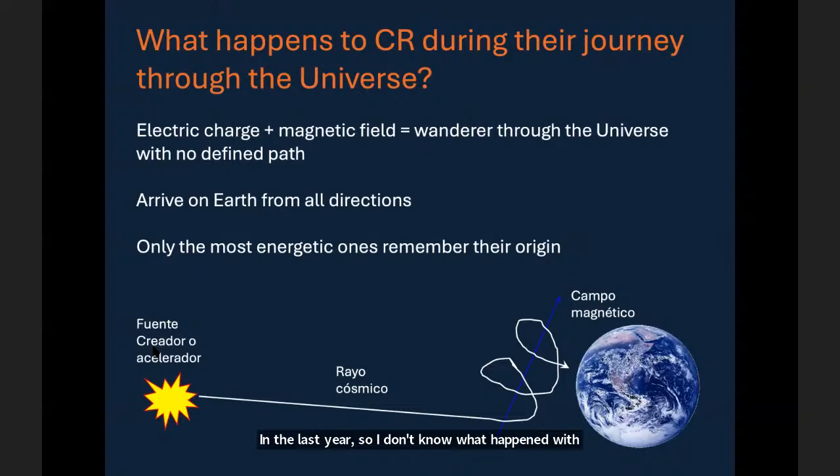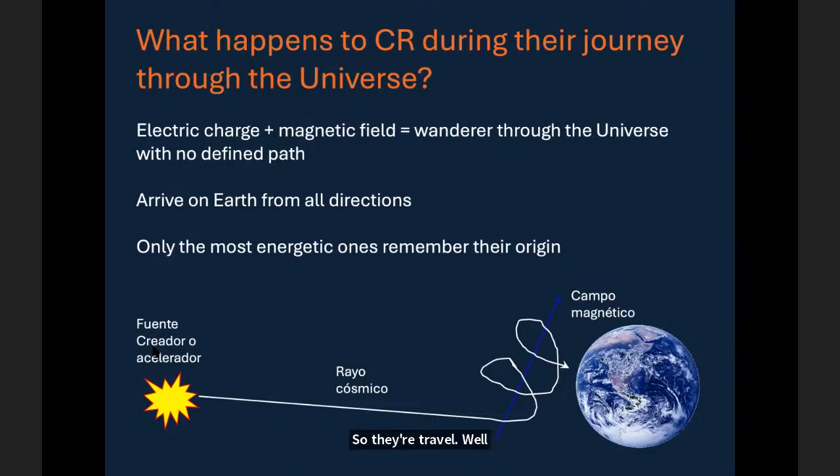Okay, so now we know what modifies how many of these cosmic rays we get. But now I want Magda to tell me where they originate. But before that, let me tell you what happens to these cosmic rays from the place where they originate on their travel to the Earth.